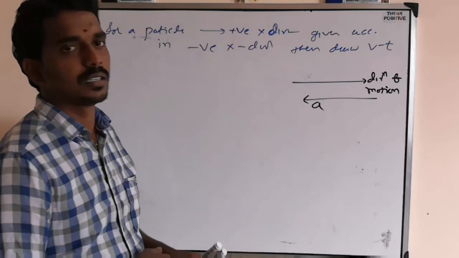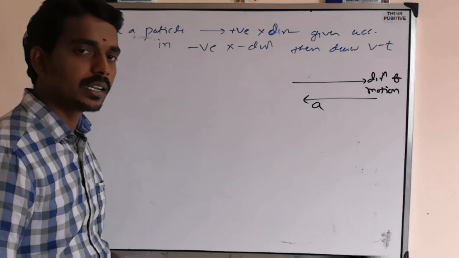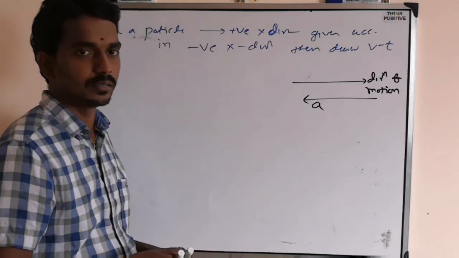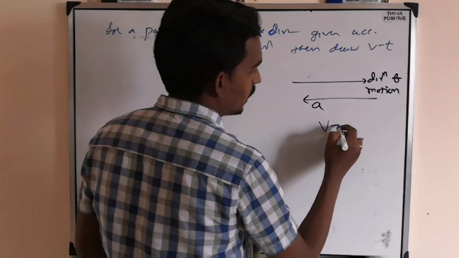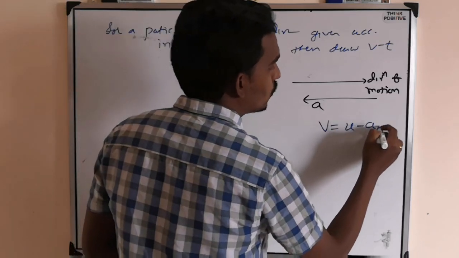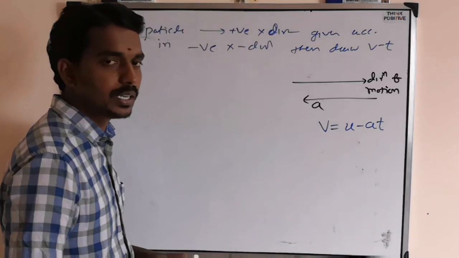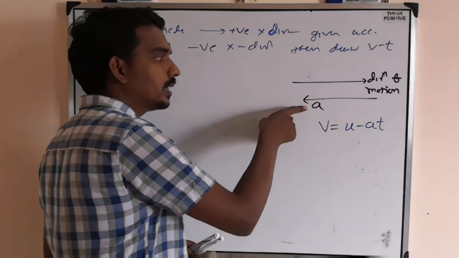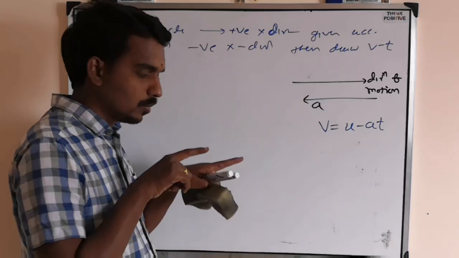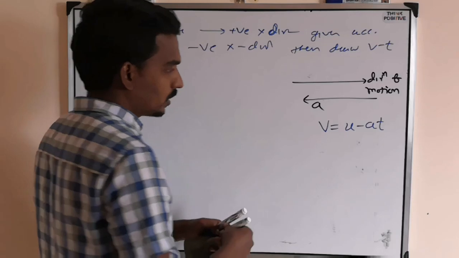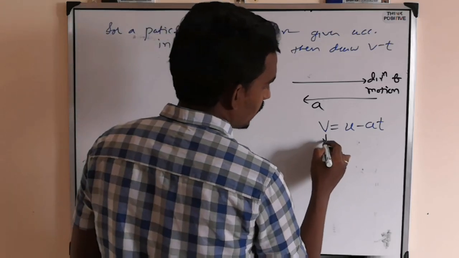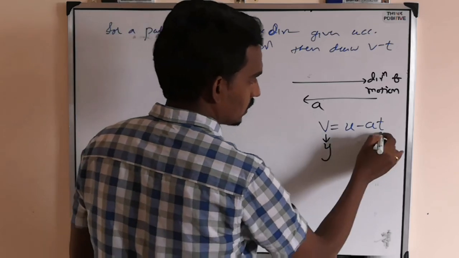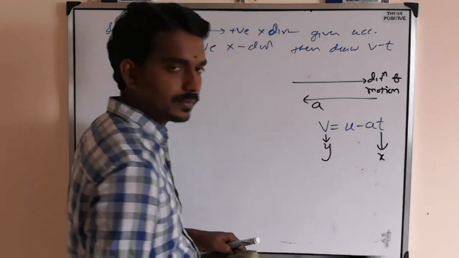Nothing but deceleration. So here acceleration is minus a, but constant. Then the equation must be v equal to u minus at, not v equal to u plus at. u plus at is for acceleration and direction of motion both in the same direction. Now they are asking the v-t graph, so v must be on the y axis, t on the x axis.